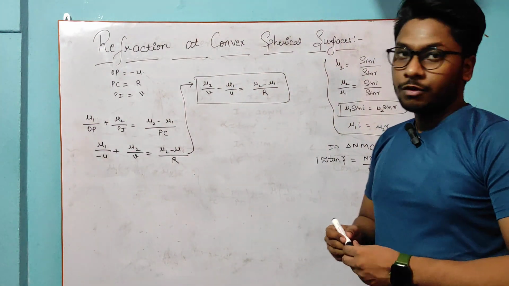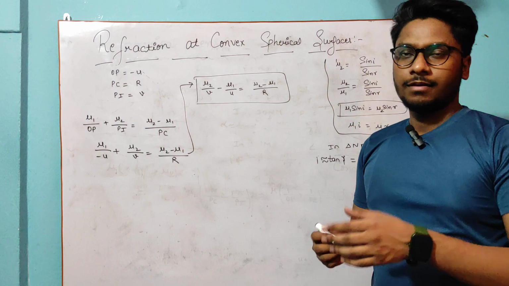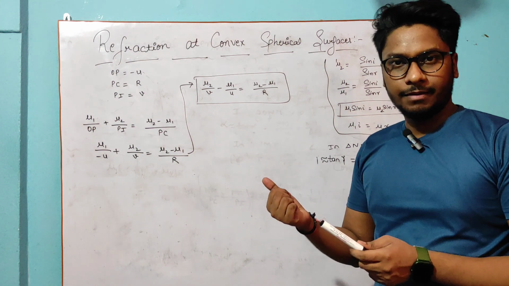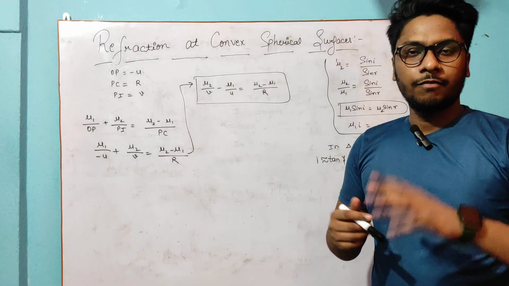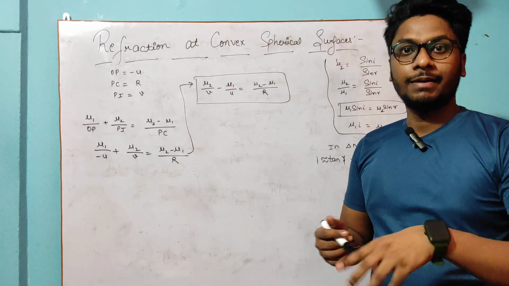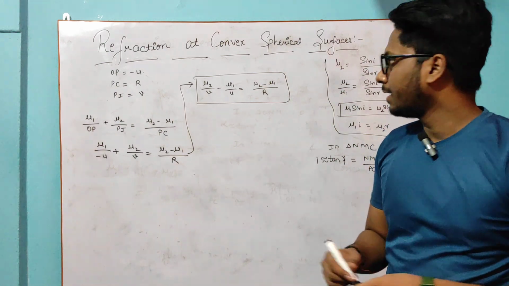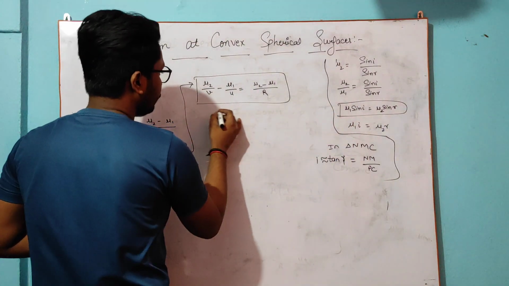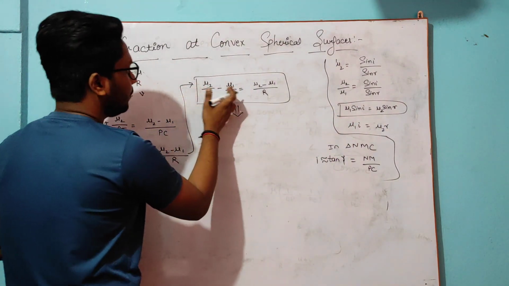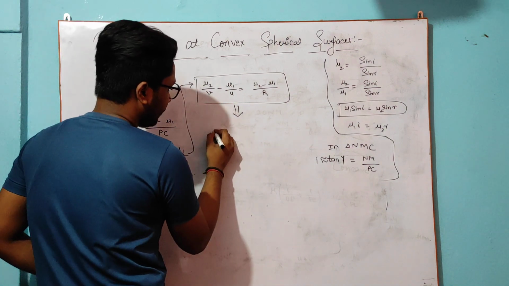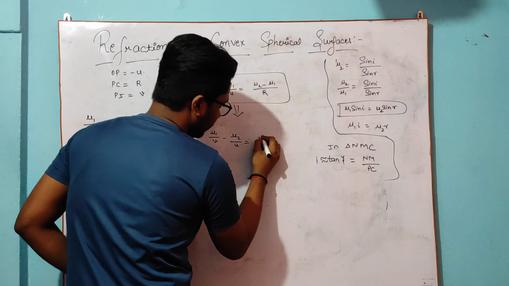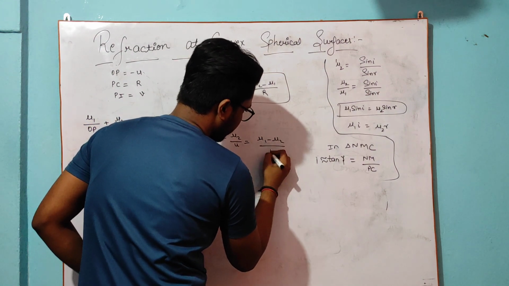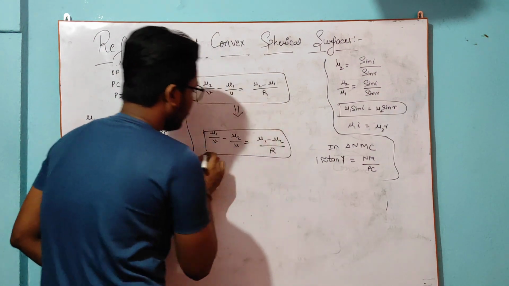When the object is placed in the rarer medium and the image forms in the denser medium, this is the form of the formula. When the object is placed in the denser medium and the image forms in the rarer medium, you simply interchange mu1 and mu2, that is mu1 by V minus mu2 by U equals mu1 minus mu2 upon R. This is the only change.